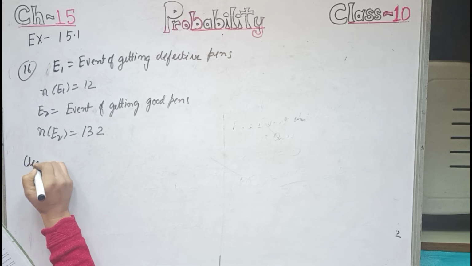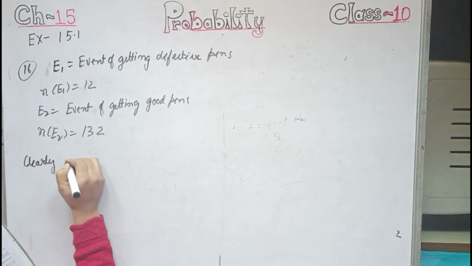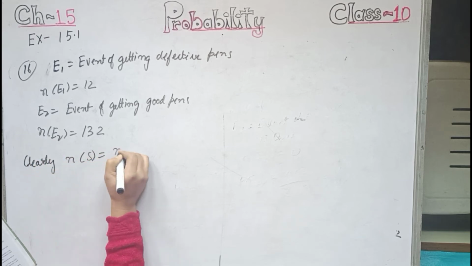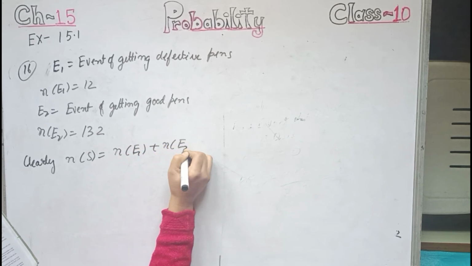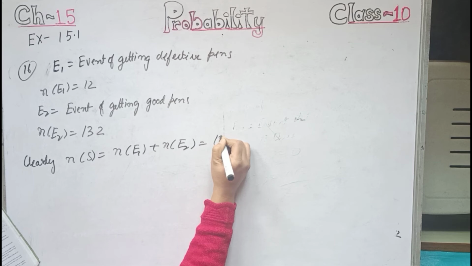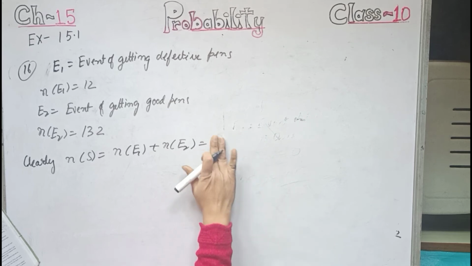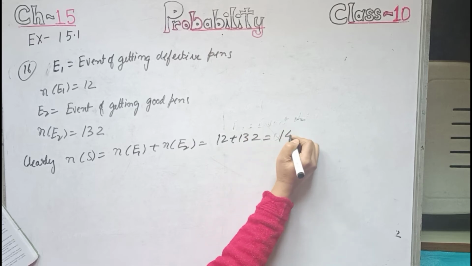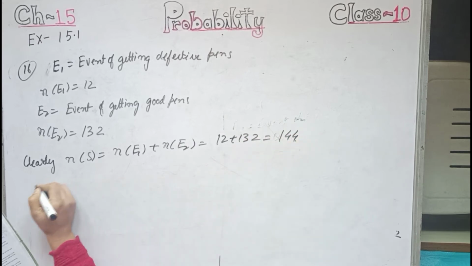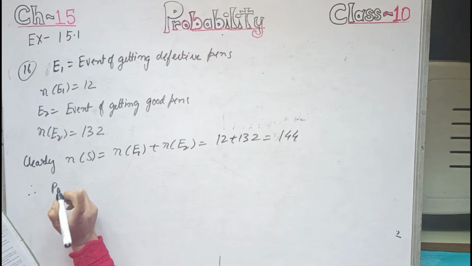So clearly n(S) equals n(E1) plus n(E2), which equals 12 plus 132, equals 144. Therefore, good is what it is asking.